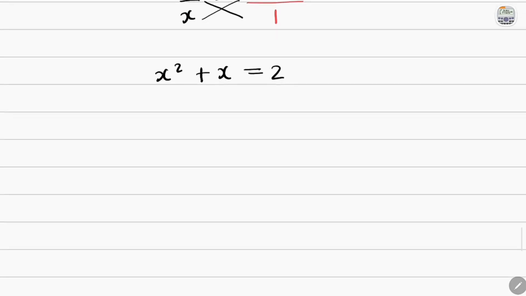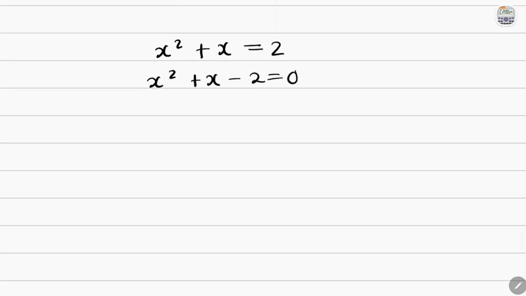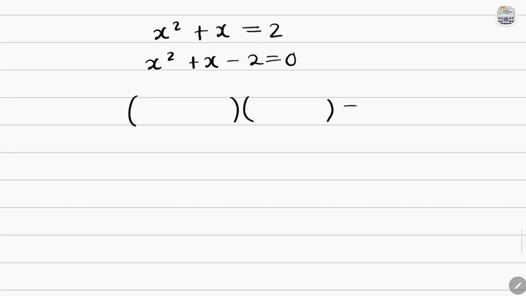And you see that we have a trinomial. We just have to bring the 2 over. So x squared plus x minus 2 equals 0, and factorize. So open up two brackets, equate to 0. X times x gives us x squared, and we need factors of negative 2 that can give us the coefficient of positive 1 in the middle. So that is 2 and 1, and one of them needs to be negative so that when we multiply, we get negative 2.